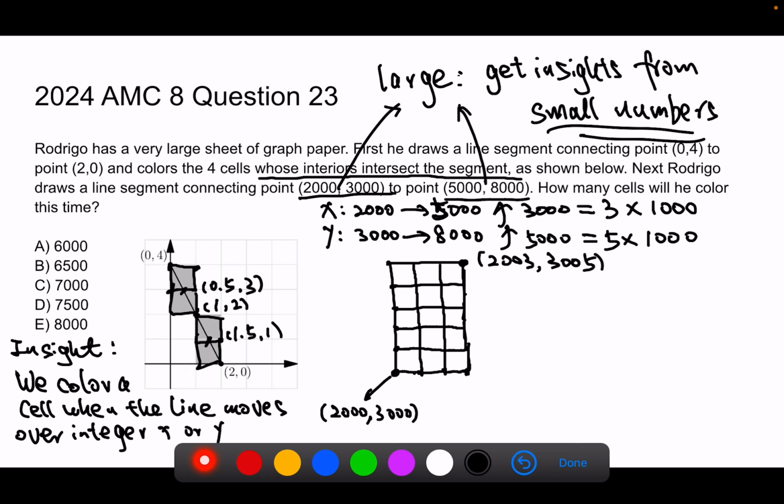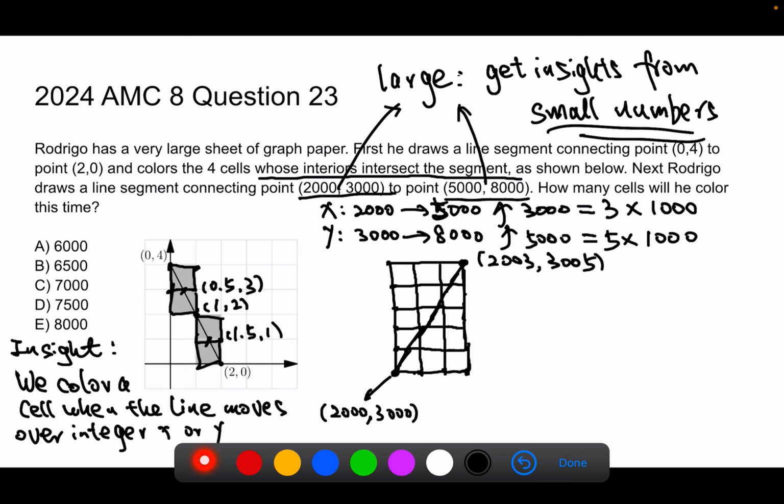And you are going to do it 1,000 times. And the nice part is, I can try to understand what's going on here and multiply this by 1,000. So let's draw this line. Go from (2,000, 3,000) to (2,003, 3,005). Technically, it's like (0, 0) to (3, 5). So you draw this line.